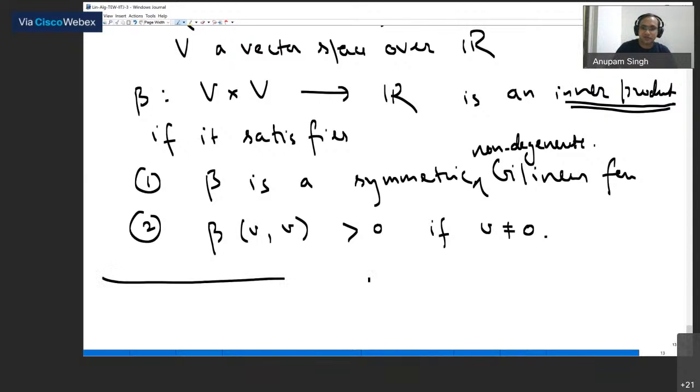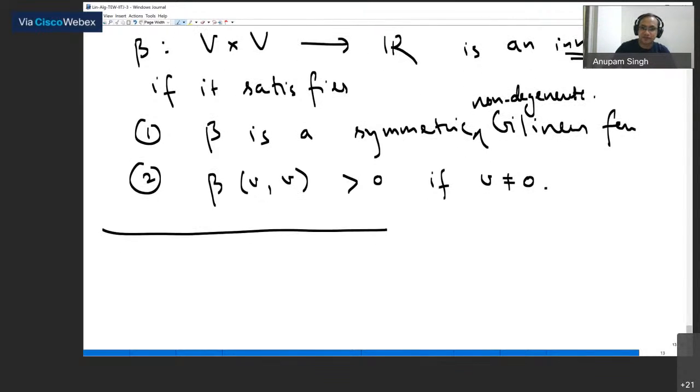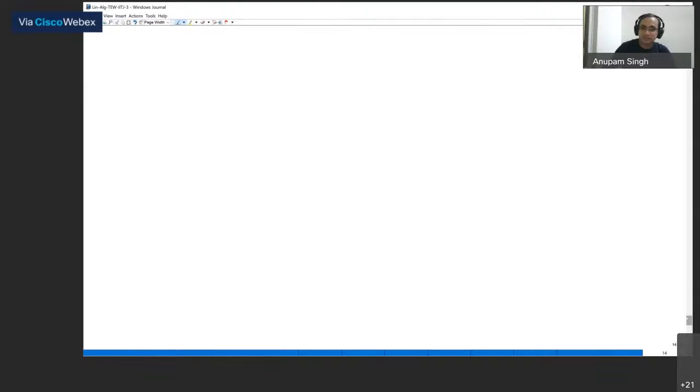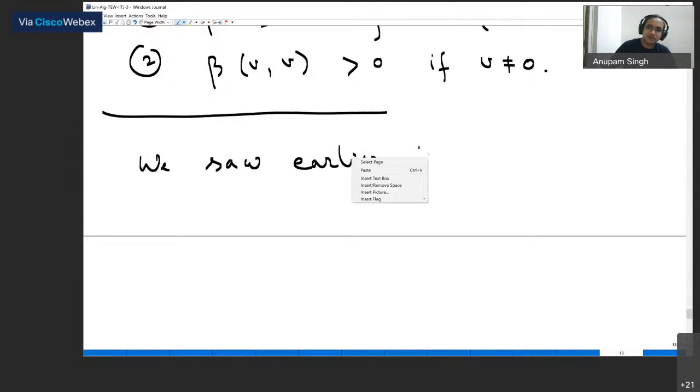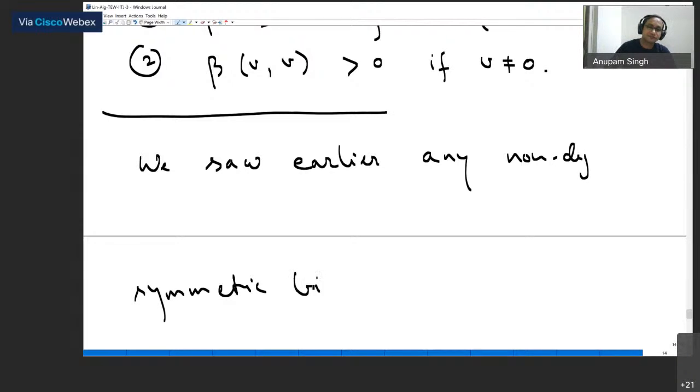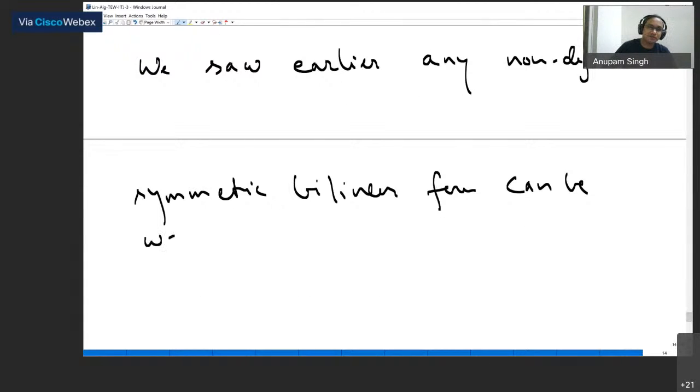So it turns out, which can be proved, not very difficult to prove, that any non-degenerate symmetric bilinear form can be written, with respect to a certain special basis, as 1, 1, 1, then certain minus 1, minus 1, minus 1.